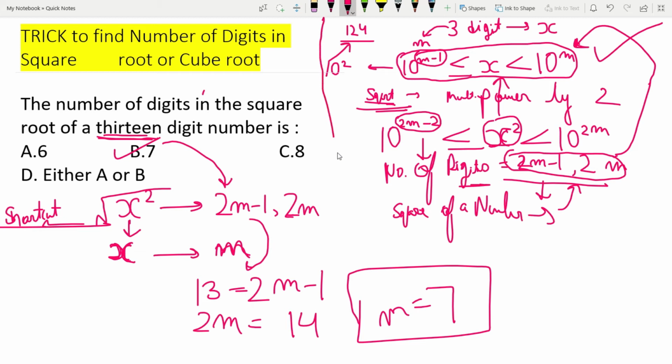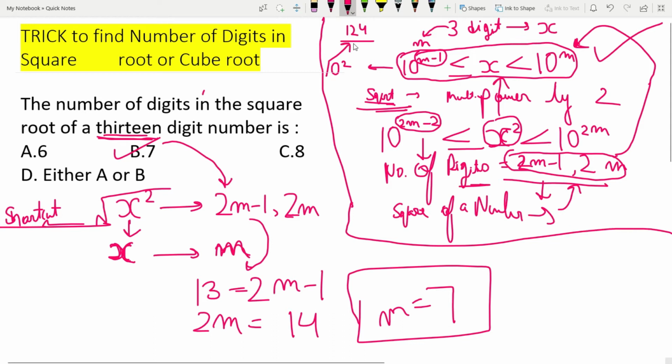This entire thing which we discussed initially is the explanation, the logic behind this shortcut. All you need to do is, whenever you are asked to find the number of digits in the square root of a 13 digit number or any digit number, assume the original number as a square, x square, and its square root will be x.